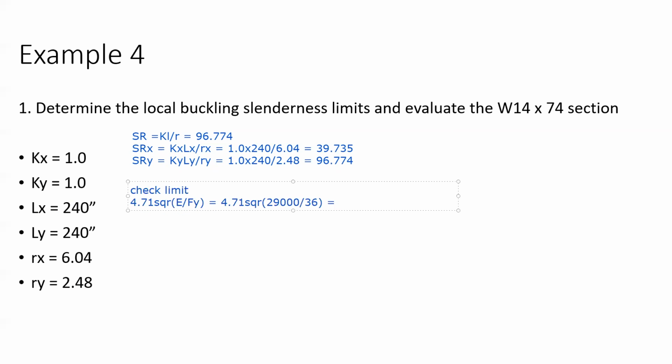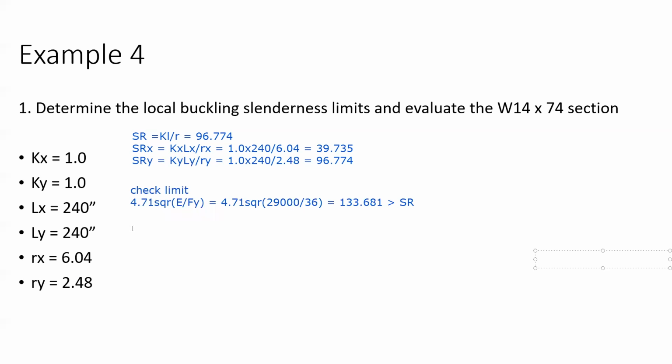So, ilan to? Bali po, 133.681. And this is still greater than our SR or slenderness ratio. Ibig sabihin, ulitin natin yung ginamit nating formula kanina for FCR.